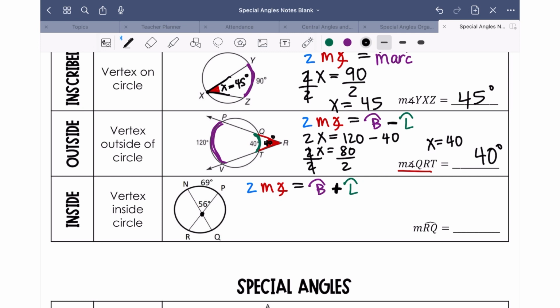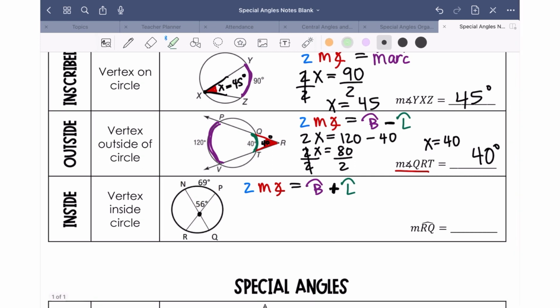And as you write that down, I'm going to look at what they're asking me for. And it looks like they're asking me for the arc. Arc RQ. That sounds weird. Arc RQ. Okay. RQ is the arc that they're asking me for, which is right here. Okay. Now, let's look at our circle. So hopefully you wrote your equation down already.